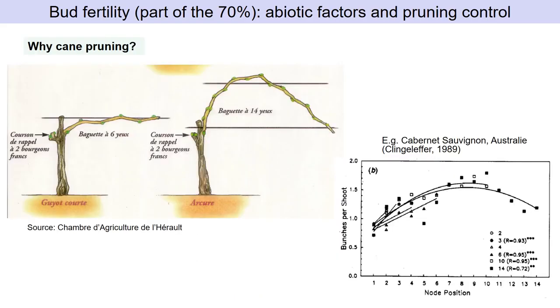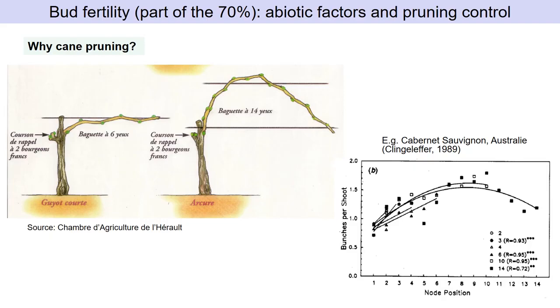So, why cane pruning? Cane pruning is used for varieties like Ugni Blanc, for example, for which the basal latent buds, the bottom buds on the cane, are not or less fertile.